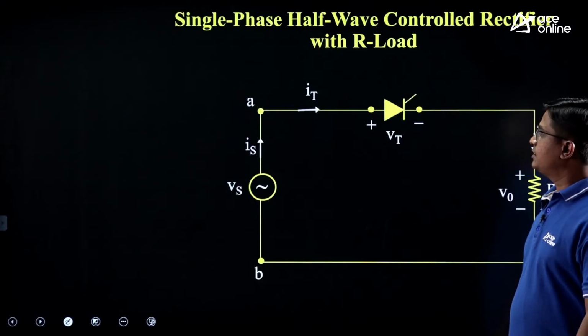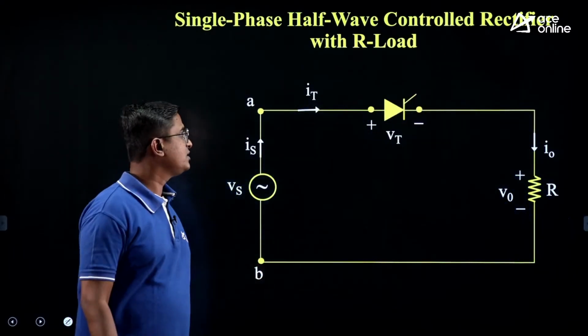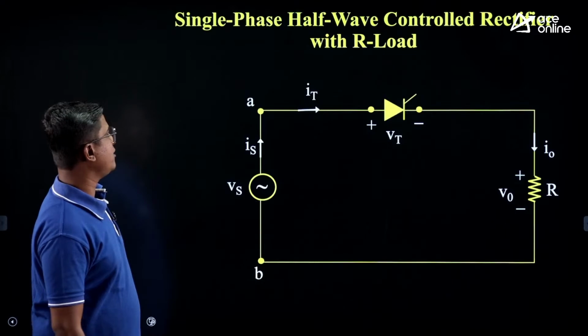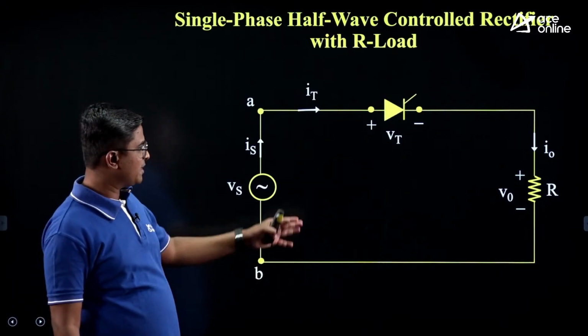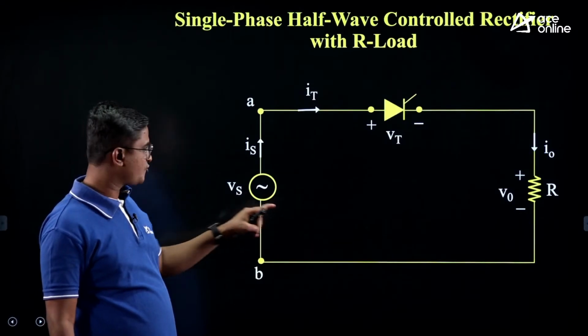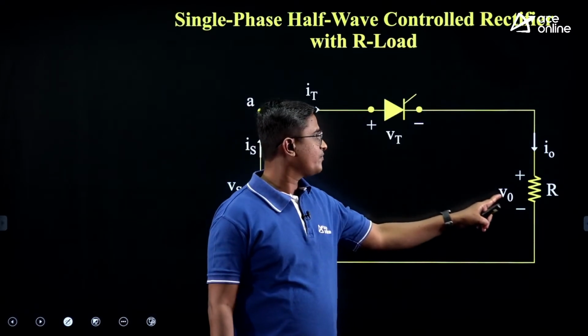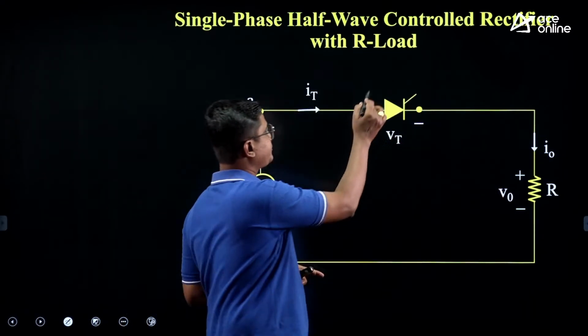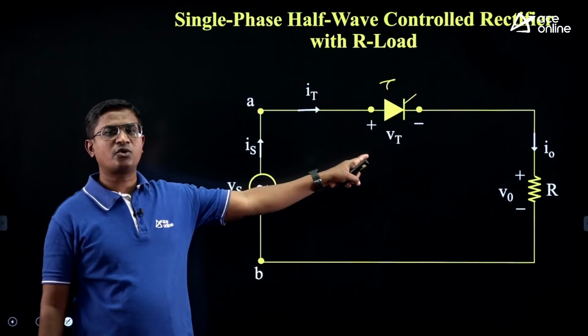All right. Next, let us recall some circuit operations. In short, let us discuss single phase half wave control rectifier with purely resistive load. This is my simple circuit. It consists of a pure sinusoidal supply voltage, a resistive load, and this thyristor T. A controlled rectifier uses a controlled switch.